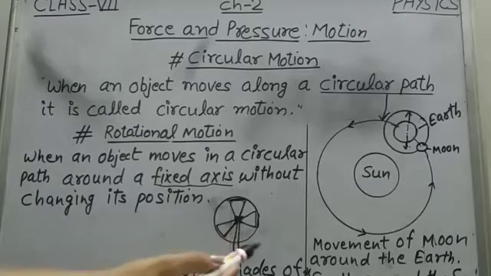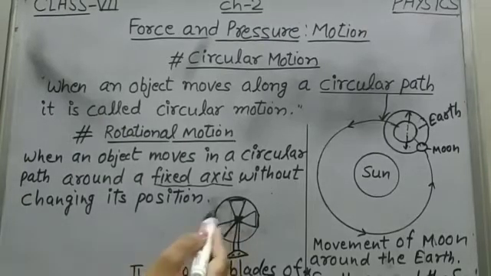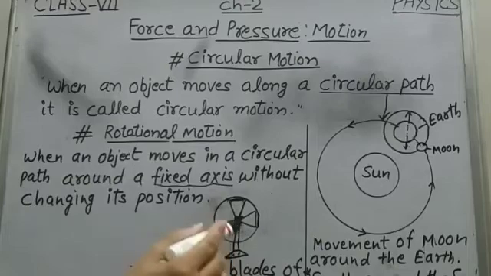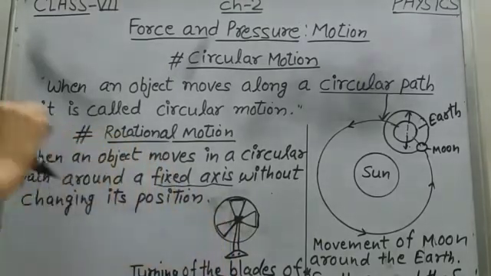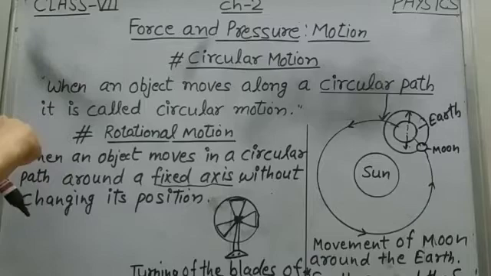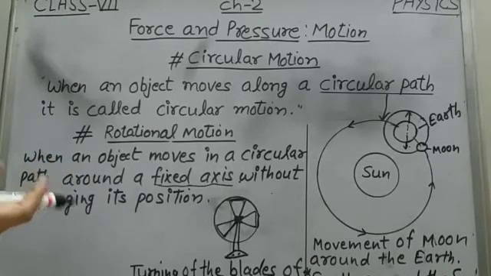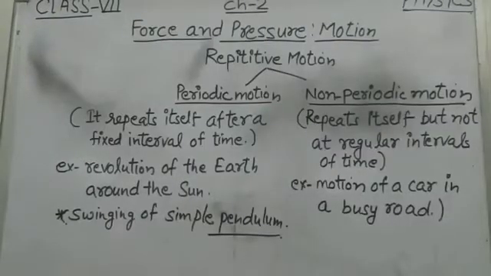For example, the turning of the blades of a fan, it is fixed in its axis. Same as the spinning of the earth on its axis is an example of rotational motion, and the spinning of a top is also an example of rotational motion.